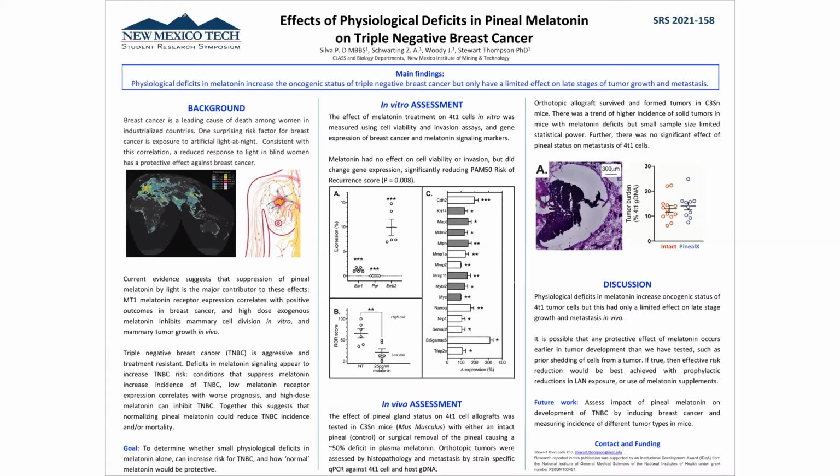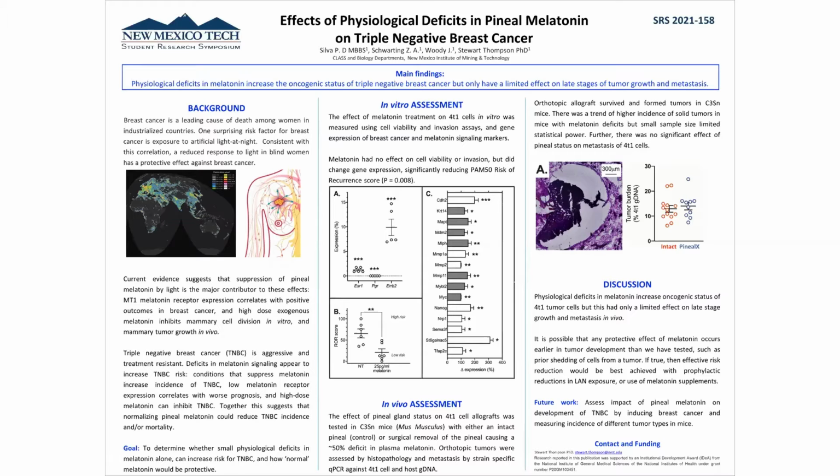So in our lab, we wanted to determine whether small deficits in pineal melatonin alone have an effect on triple negative breast cancer. For that, we did both in vitro and in vivo study assessments. In both these assessments, we used 41 triple negative type breast cancer cells.